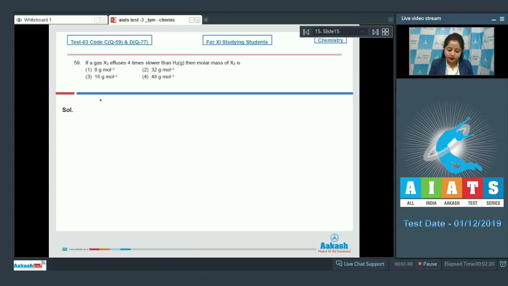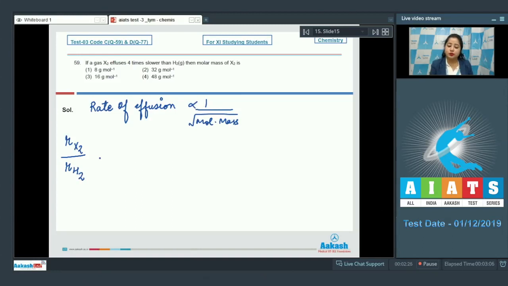Students, as we have already discussed, the rate of diffusion or effusion is inversely proportional to the square root of molecular mass. So the rate of effusion of X2 upon the rate of effusion of H2 is equal to the square root of the molecular mass of H2 upon the molecular mass of X2.